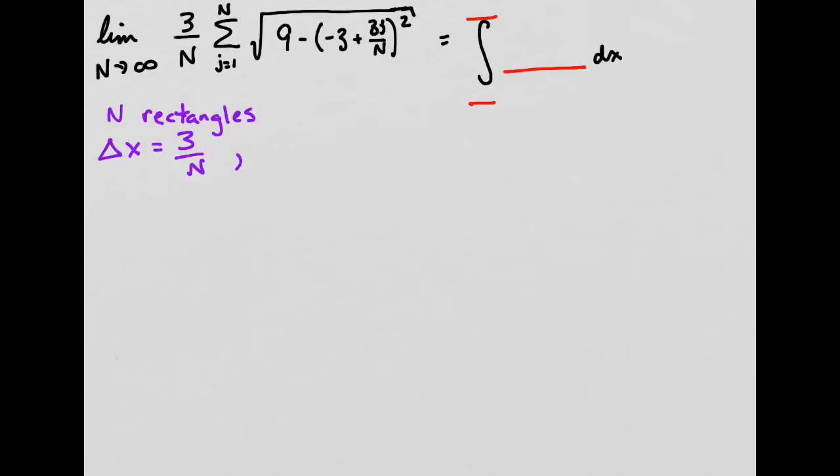Which means the width of the interval is 3. So your limits of integration will be 3 apart. Now, when we're looking up here, our next step is to identify what our first limit of integration is.